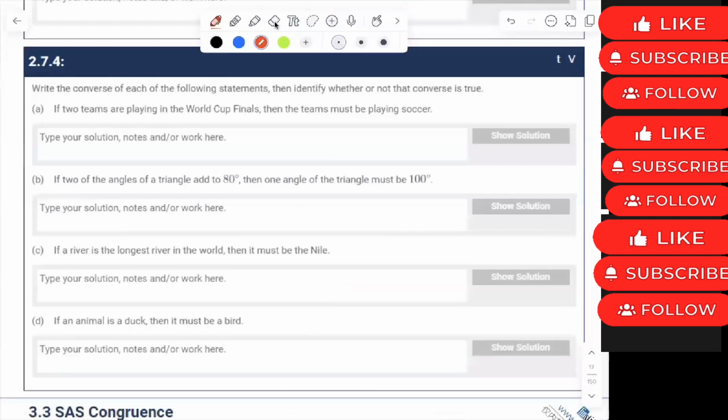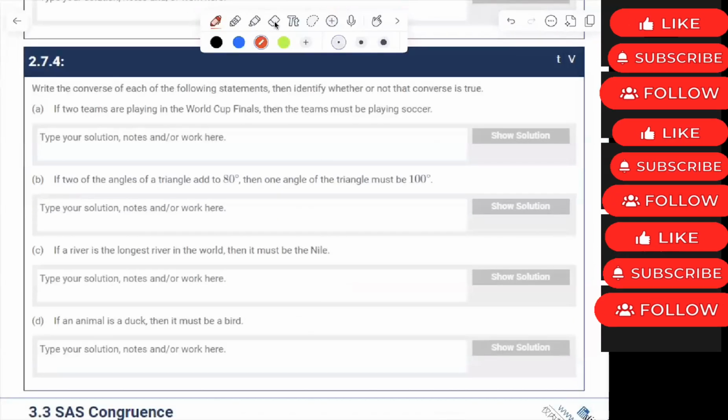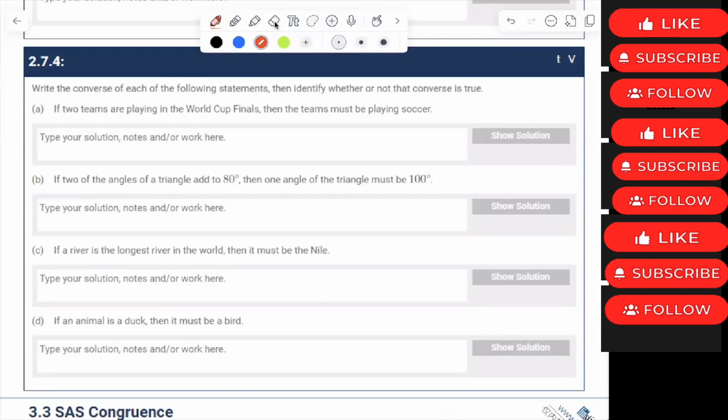Write the converse of each of the following statements, then identify whether or not that converse is true.